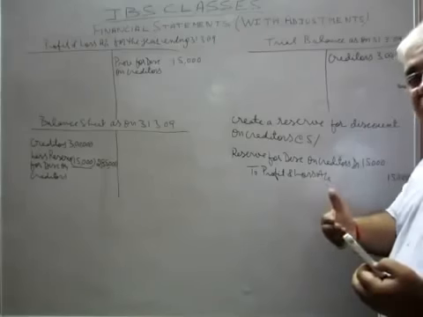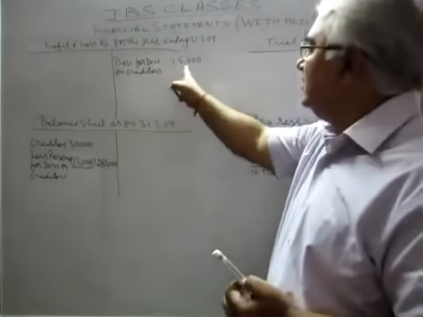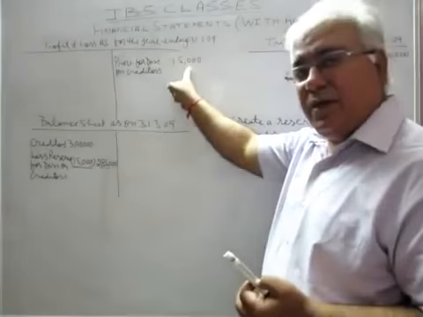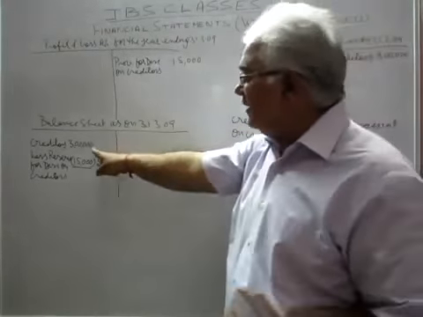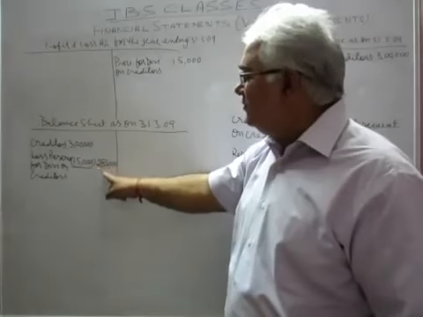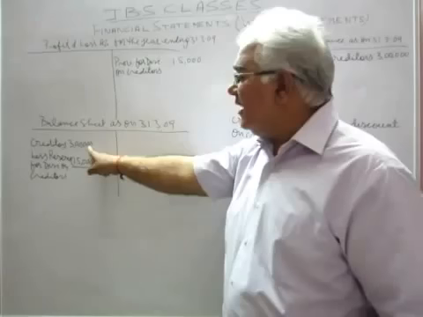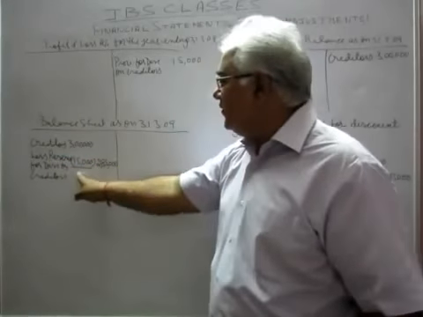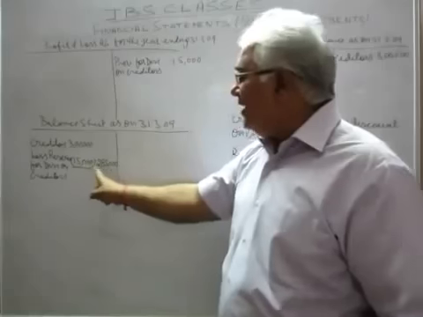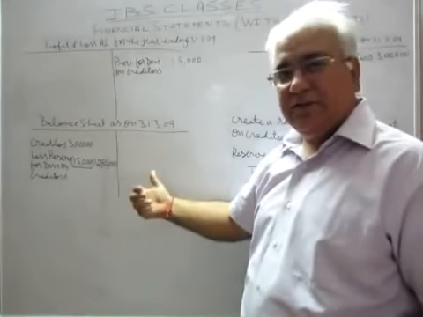So in this year's profit and loss account, this will be shown on the credit side as an income. And in the balance sheet, it will be shown on the liability side as a deduction from creditors. Creditors will be shown at 3 lakhs, and from that reserve for discount on creditors 15,000 will be reduced, and the net figure of 2,85,000 will be shown in the balance sheet.